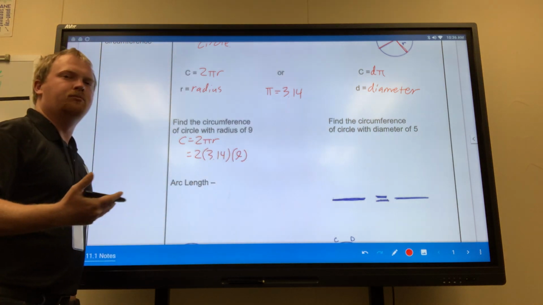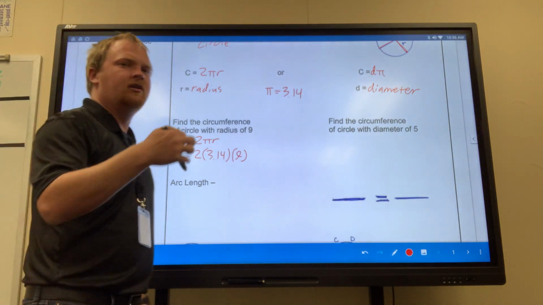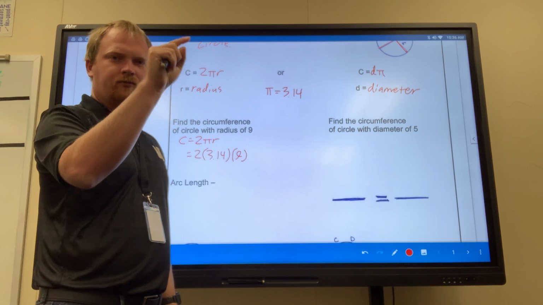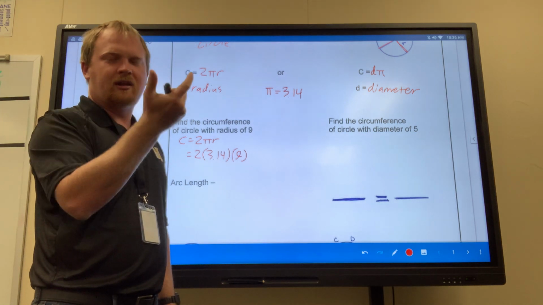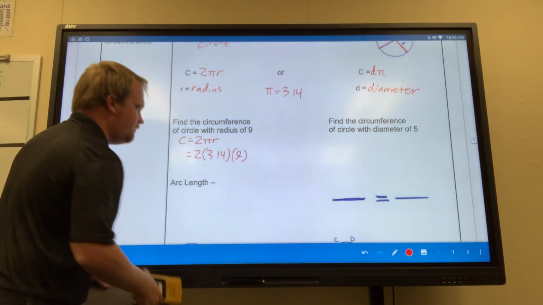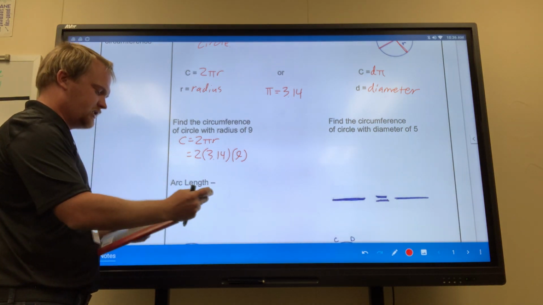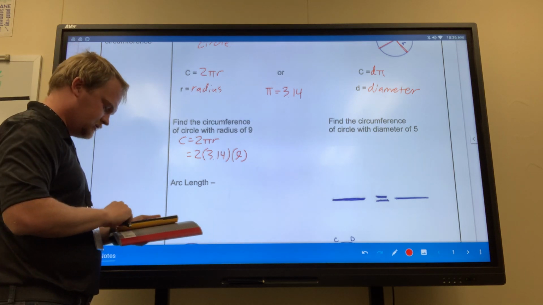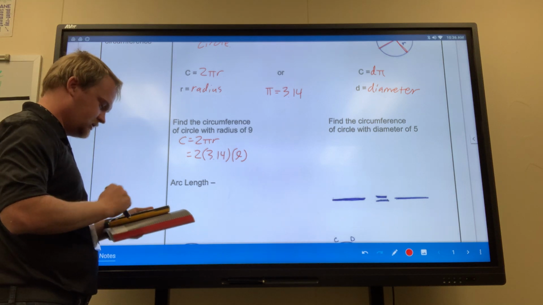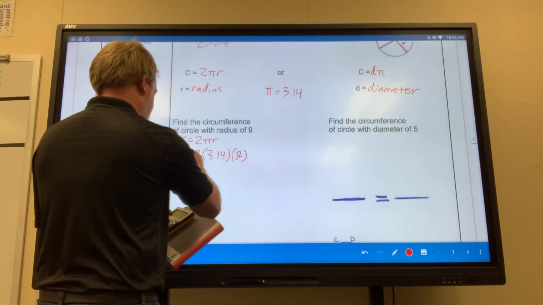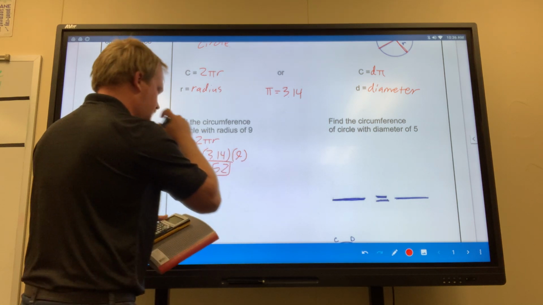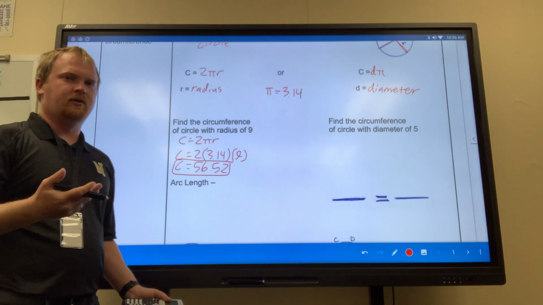You can also use pi on your calculator, the button with the little roof, the second rooftop, and that gives you pi. But we can just stick with 3.14. So if I calculate 2 times 3.14 times 9, that gives me 56.52, and that will give me my circumference.